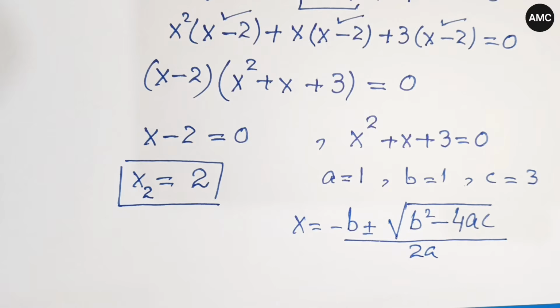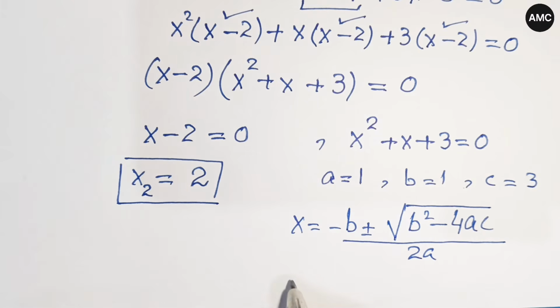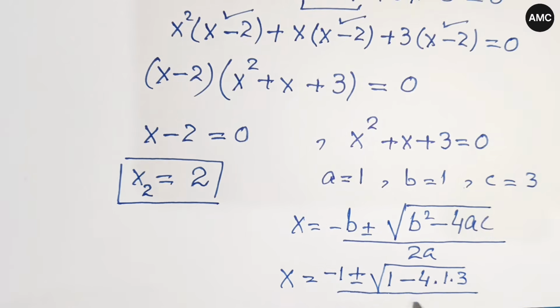So if we just put in the values of a, b and c, then we get x is equal to minus b, which is minus 1, plus minus square root of b squared, which is 1 squared, that is equal to 1, and minus 4 times a is 1, c is 3, all over 2 times a. 2 times a is 2.